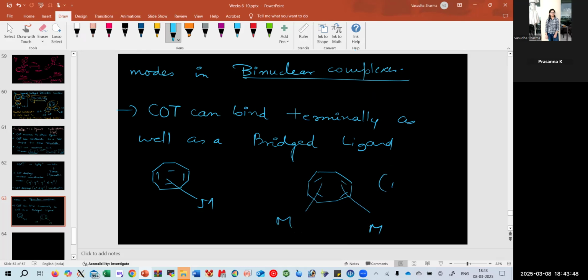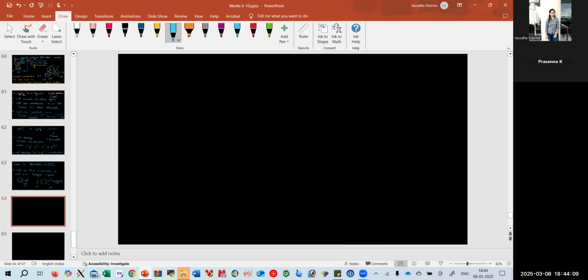So this is a bridged one. This is one such example. That means eta 4 on one side, eta 4 on the other side. Here it is eta 8 for one particular metal center. Or it can be another coordination mode also. But the take-home message is that COT can bind in both ways, as a terminal ligand and as a bridging ligand. So moving ahead, now we have the preparation methods.